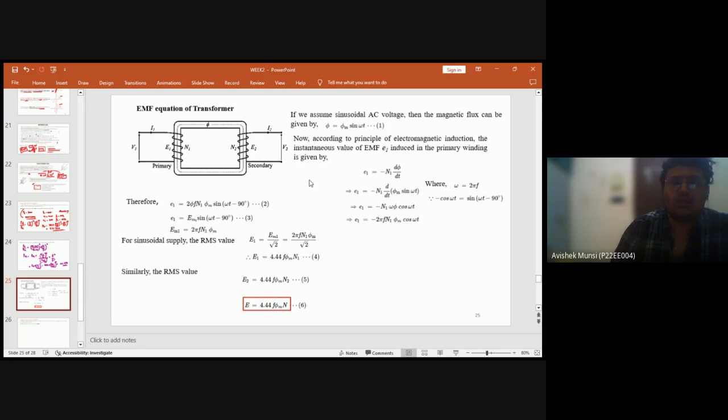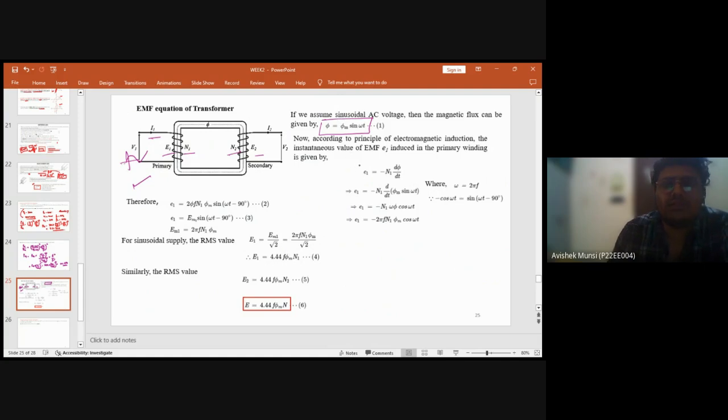Now, this is basically a transformer. I already discussed in class 1 that this is a transformer having input side current I1 and primary turns N1, N2, and this is E1, E2. Right? So if we assume that we are giving an AC voltage here, then the magnetic flux produced here is phi m sine omega t.